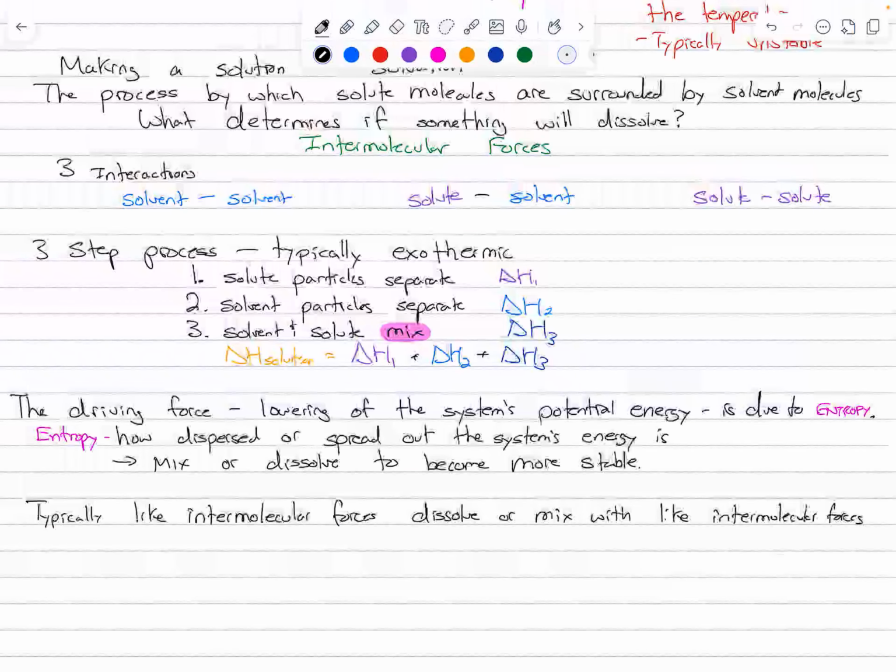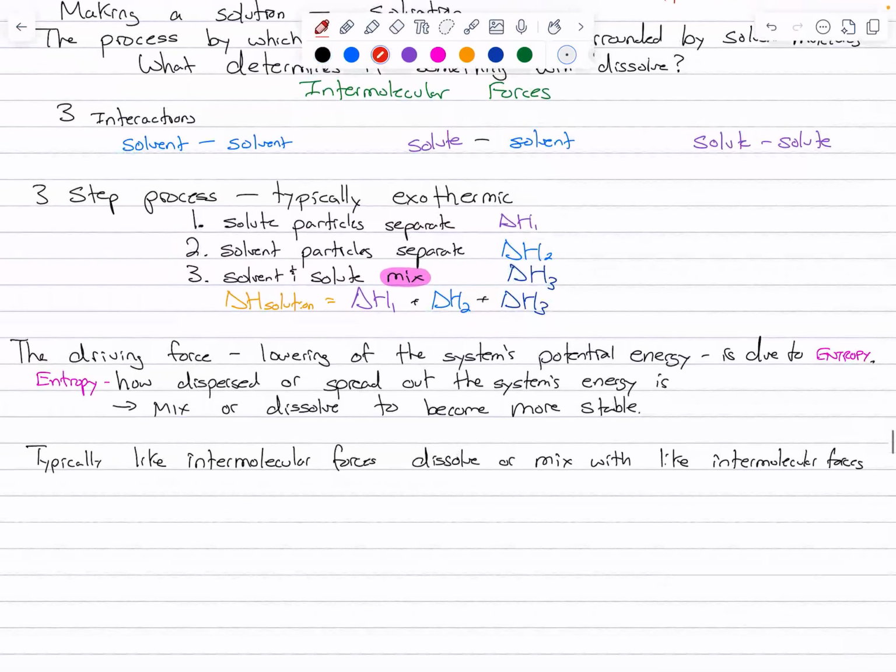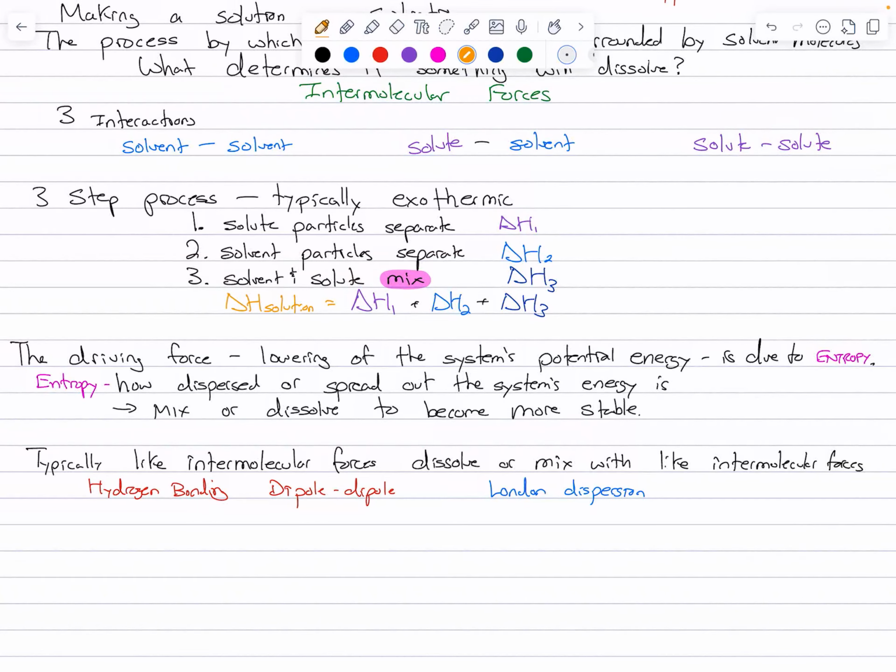So what are they? We have hydrogen bonding, dipole-dipole, and London dispersion. So we have the polar side and the nonpolar side.